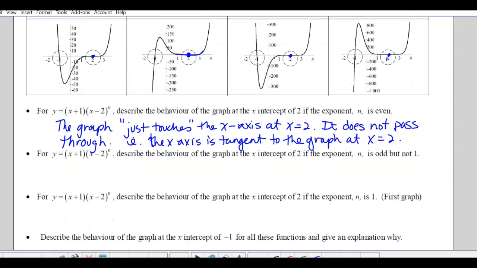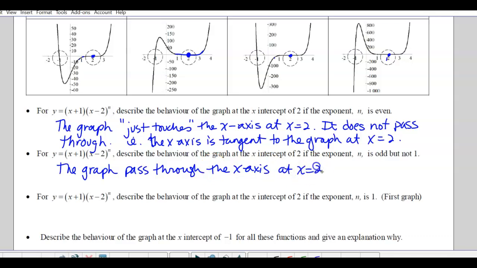And then if it's odd, but not 1. Okay, so the graph passes through the x-axis at x equals 2. Okay, so here is a little slow here. It has a point of inflection.